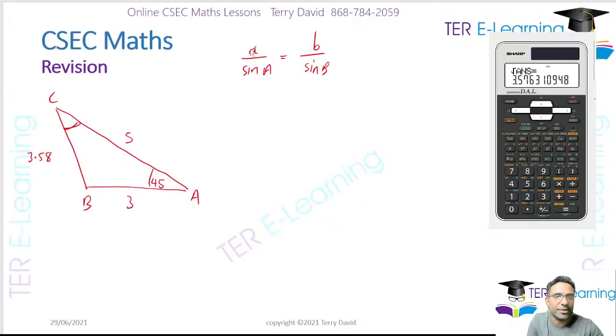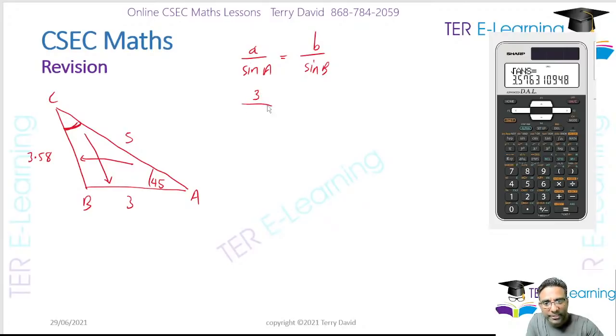Now I typically try not to let my students learn off the equation. You need to understand what you're doing. You want to get this angle here, so the side of interest to us is this side here, which is the 3. You have the angle 45, so the other side of interest is that 3.58. It's a side divided by sine of the angle opposite that side. So let's say we're using the 3 meters.